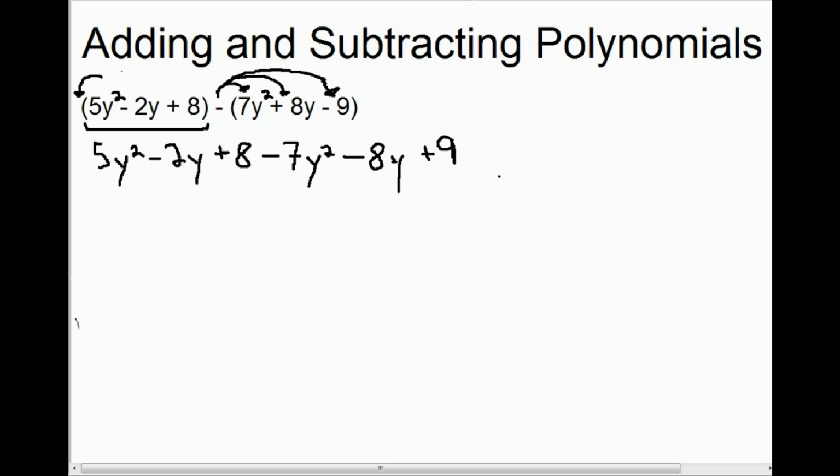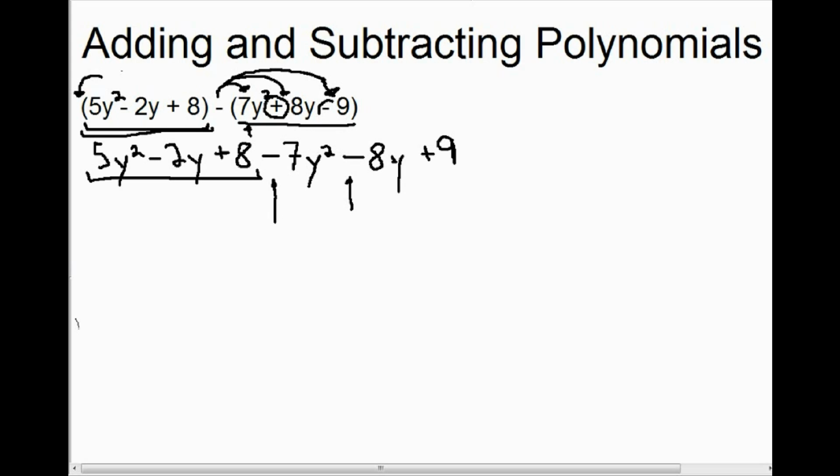So what observations can we make here when we get rid of the brackets when we're subtracting polynomials? Well, when we're removing the brackets, the first polynomial still stays exactly the same. But the second polynomial, you probably notice everything changed to its opposite. So here we had positive 7y squared, and now we have minus 7y squared. Previously we had plus 8y, and now we have minus 8y.